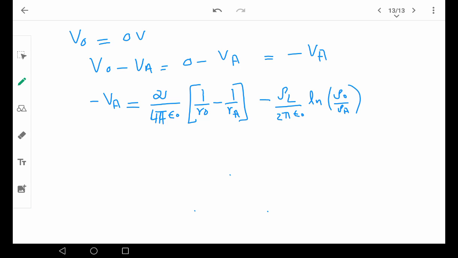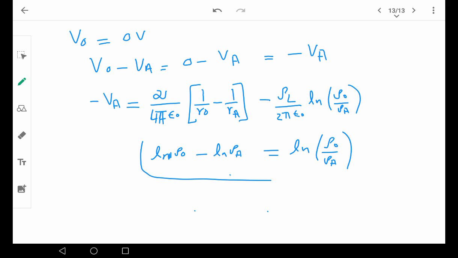Because you know the identity for the natural logarithm: ln rho 0 minus ln rho A equal to ln rho 0 by rho A. For the logarithm in general, you can have this identity, so I'm using this identity here.